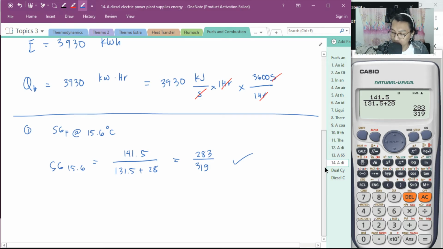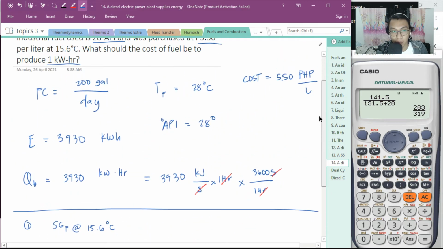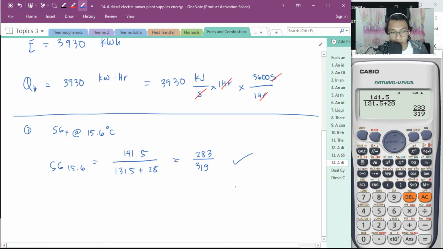Tapos, kunin mo yung binigay dyan, number 2. SG ng fuel at the given temperature is equal to SG at 15.6 multiplied to 1 minus 0.0012372, tapos temperature minus 15.6.